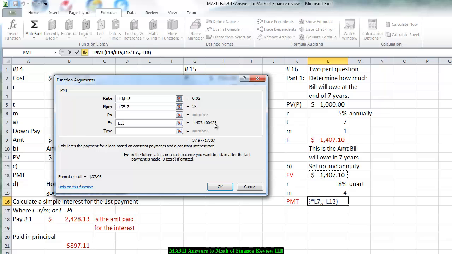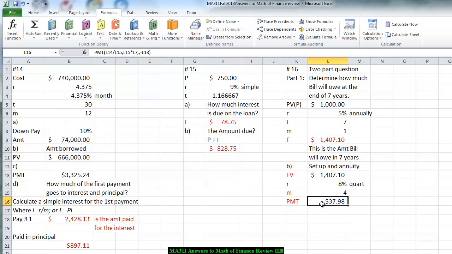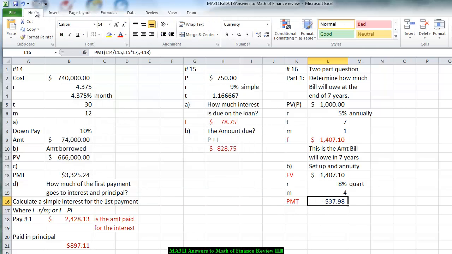And notice the decimal number goes on because it was really more than that. It was rounded to the nearest penny. And that tells us that he has to make a payment of $37.98 each quarter. And then at the end of the 7 years, he will be able to pay back the loan in one lump sum. All right, now you go and practice some problems that use these particular formulas.